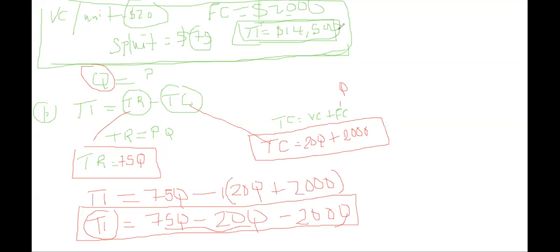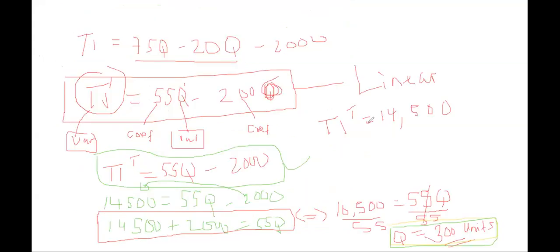So we established a mathematical equation, which is this, and we reduced it up to here. Then we were able to find the quantity that must be produced and sold to make a profit of 14,500.